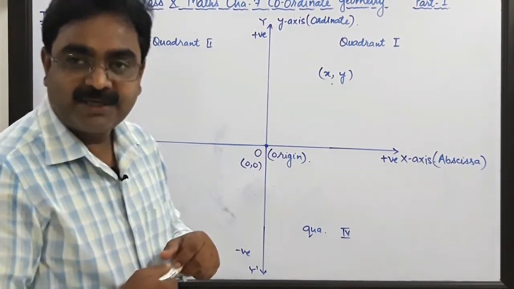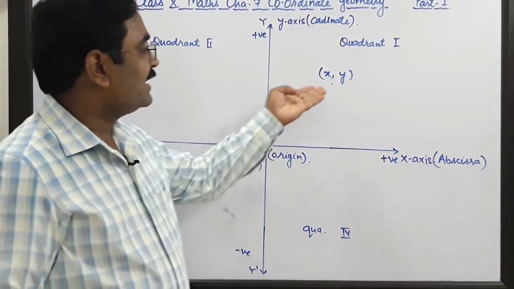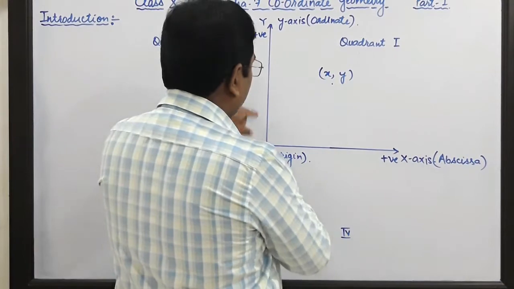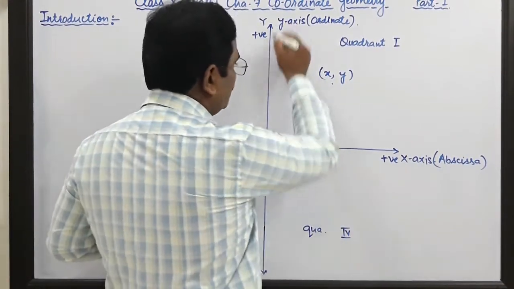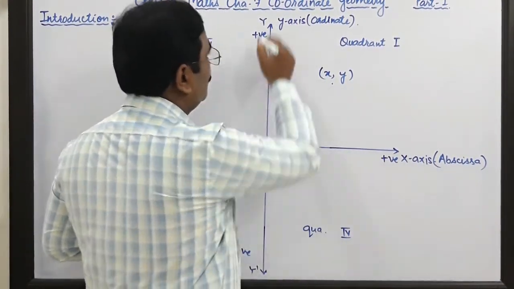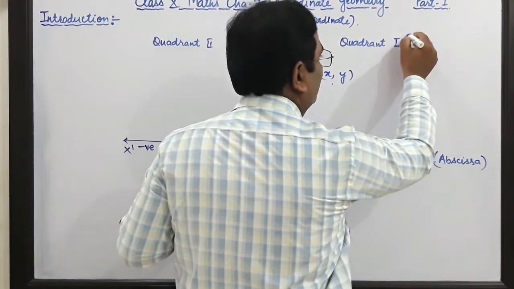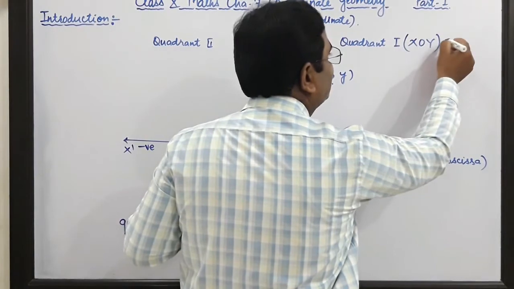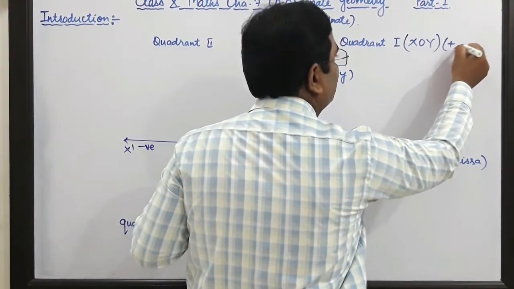Okay, now the sign of the first quadrant: as the x-axis is positive and the y-axis is positive, this plane is called XOY, and its sign is plus plus.